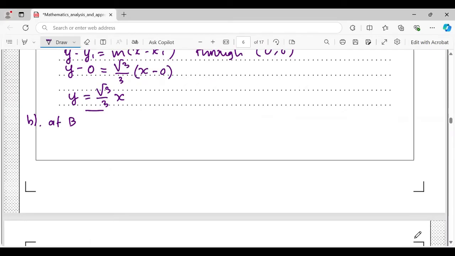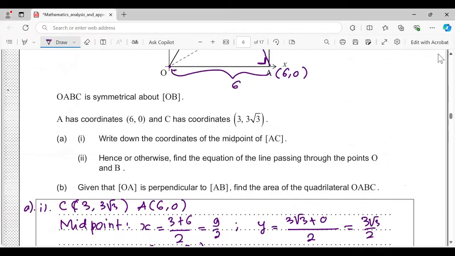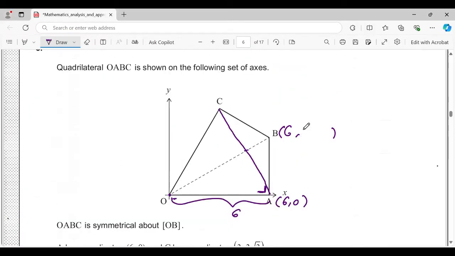So y equals square root 3 over 3 x according to this equation. So y equals square root 3 over 3 times 6, and it is y equals 2 square root 3. So the coordinate point is 6 comma 2 square root 3 here.